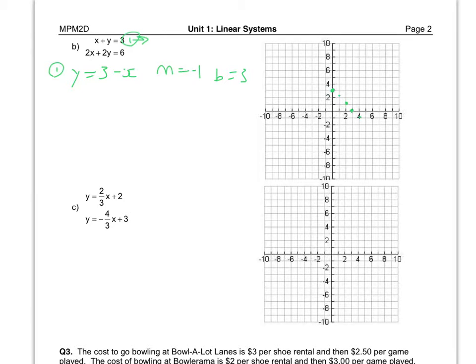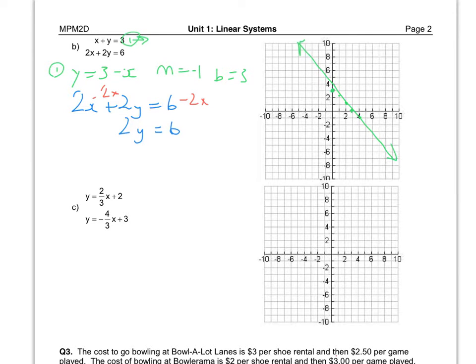Line those up with your ruler. Ooh, I did a really poor job of that one. I'll try and do better on the next one. I've got a 2x plus 2y equals 6. If I solve that for the y, I've got 2y equals 6, and I'm subtracting 2x from both sides. Subtract 2x, subtract 2x.